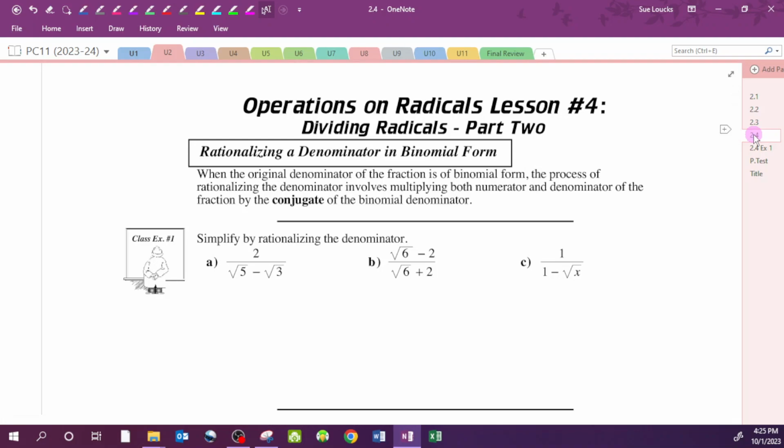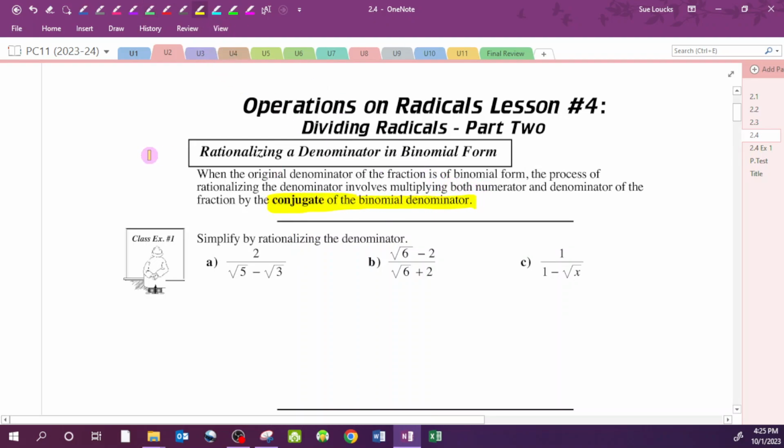When we were looking at dividing radicals, we had to rationalize the denominator, and so we would multiply it by the similar radical. When we have a binomial in the denominator, like we have here, a binomial is something with two terms, we multiply the numerator and the denominator by the conjugate of the binomial denominator.